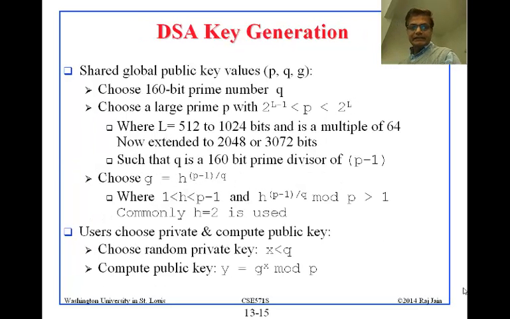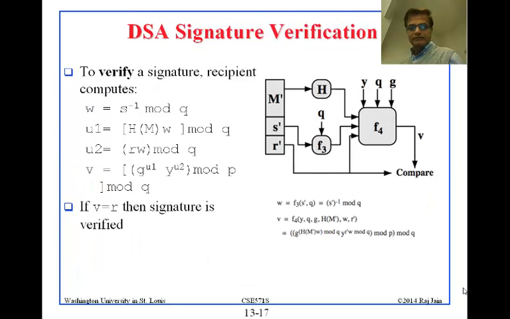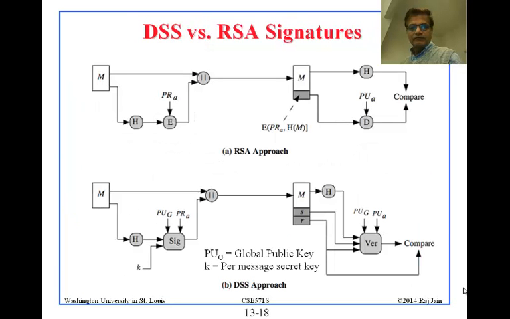Private is X. Where is A? I don't know what A is. But anyway, there is an X private key, private number, and then K is the per message number, and then you get this signature, you send that S and R over, and then you do the calculation and they should compare. V should be equal to R.